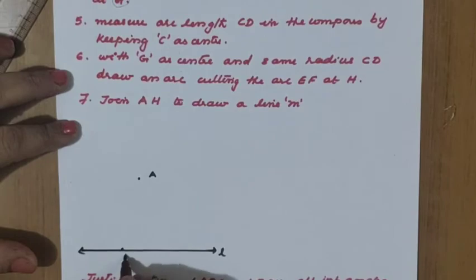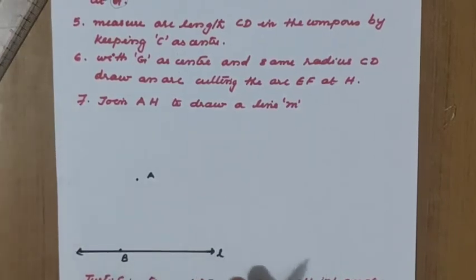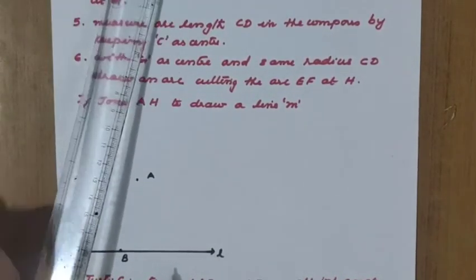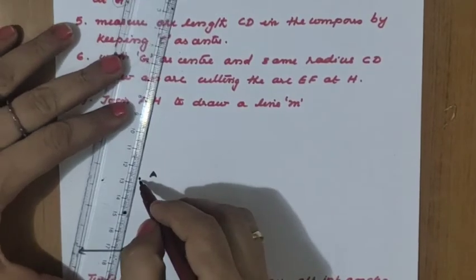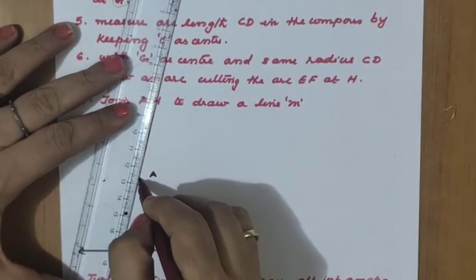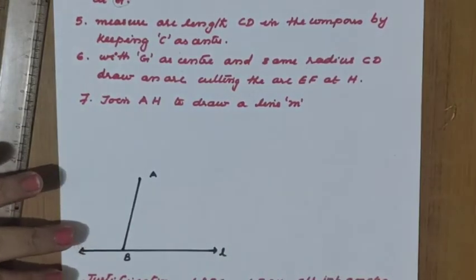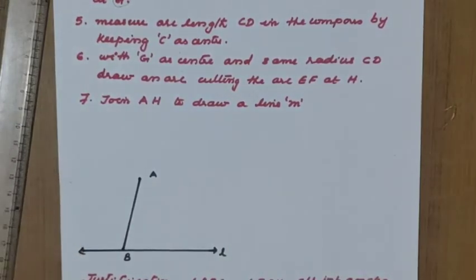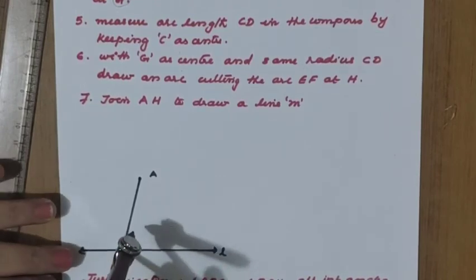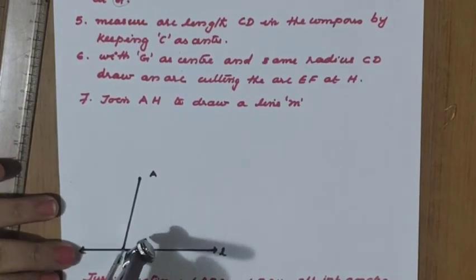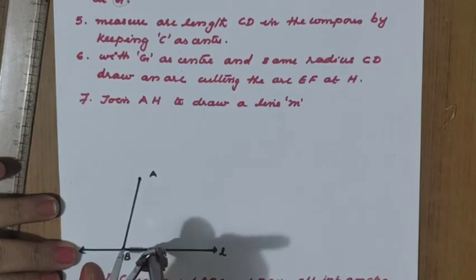B. Anywhere, it can be straight also, there is no problem. Now join AB. What is the next step? With B as center, you should decide a convenient radius and draw an arc.